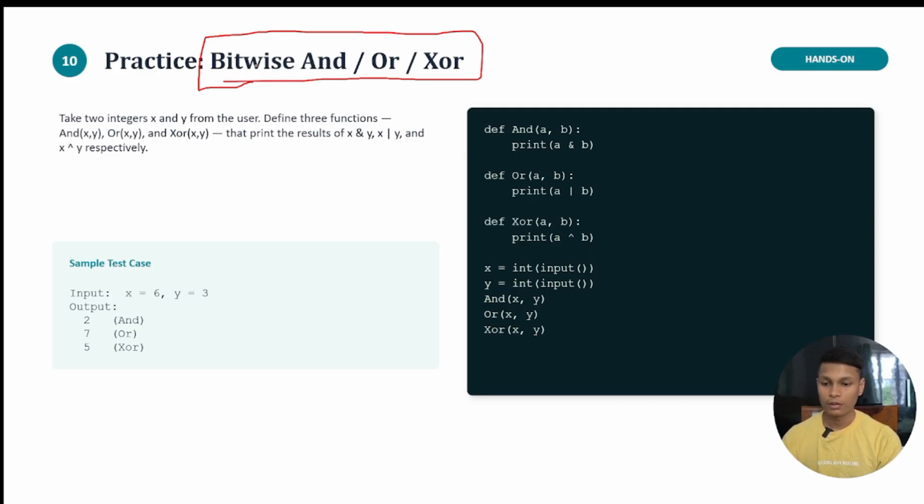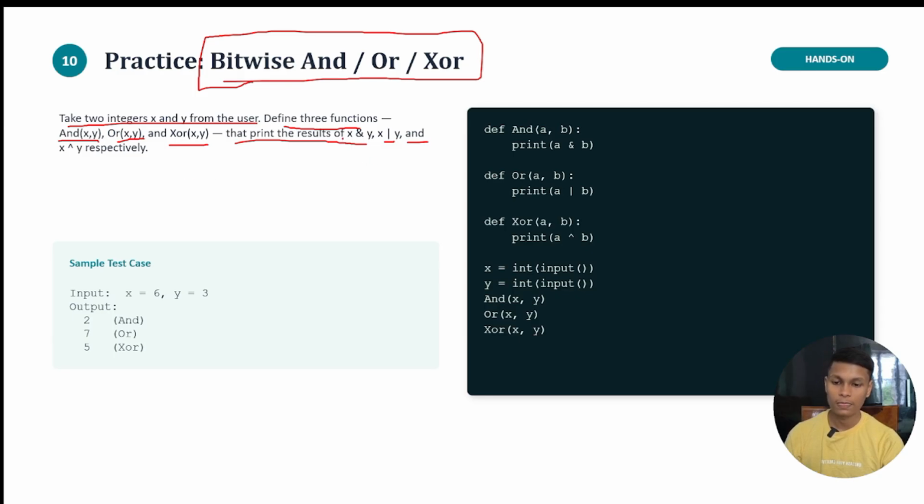So we are going to simply take two integers, x and y, from the user. We are going to take input from the user which is integer type. After that we are going to define three functions. The first function shows the AND operation, the second is the OR operation, the third is the XOR operation. And after that we print the result of x and y.